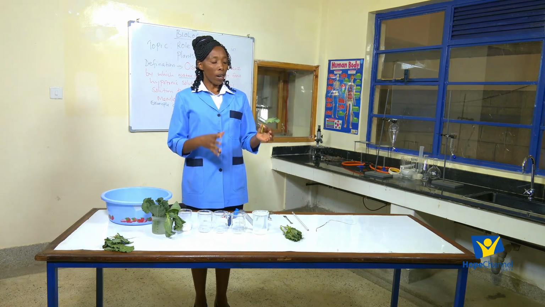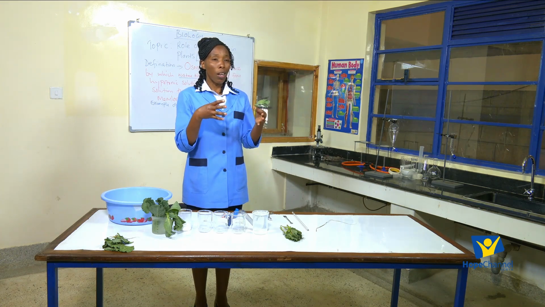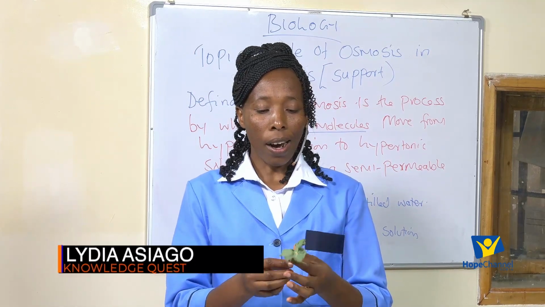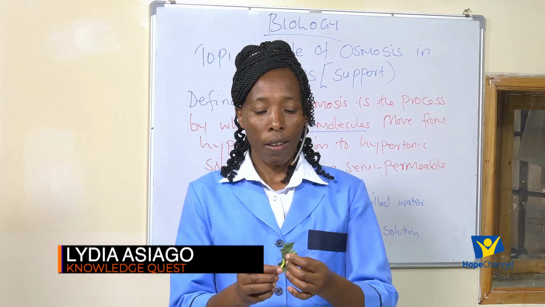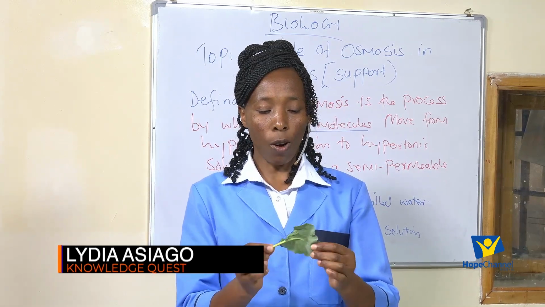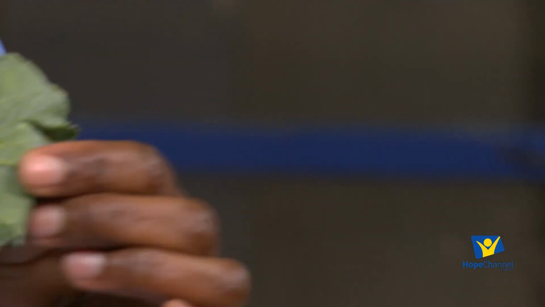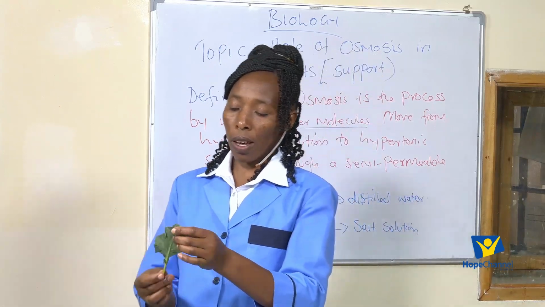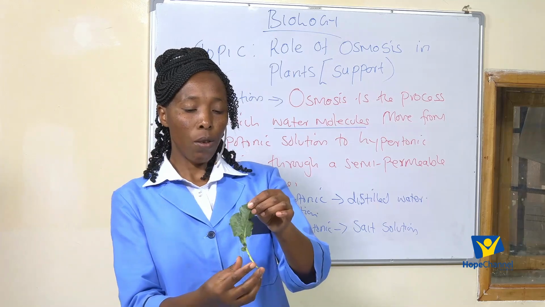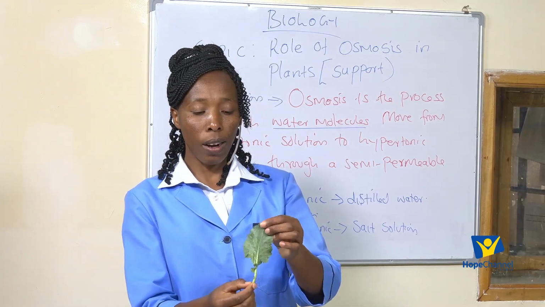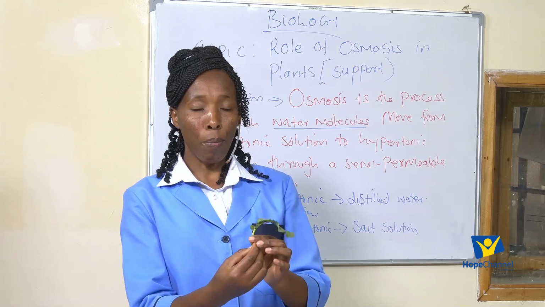you find that their vegetables look like they are flaccid, they look weak. If you check on the strength, you find that the plants look very weak. They cannot even be upright.